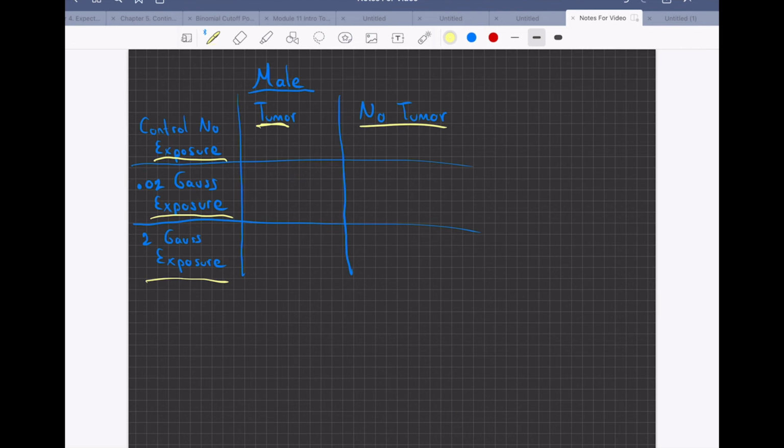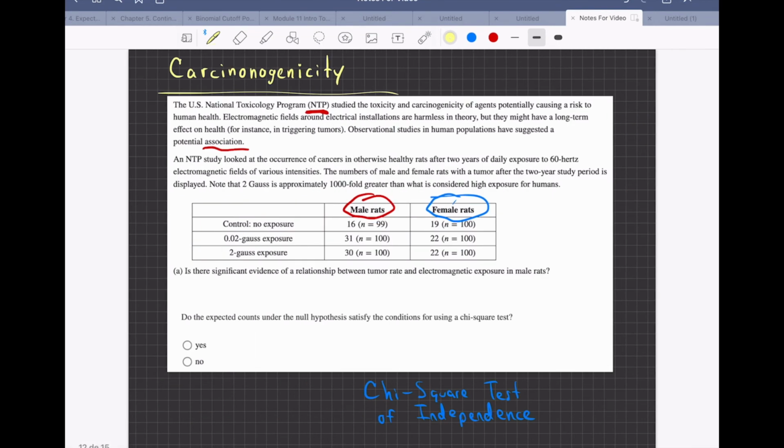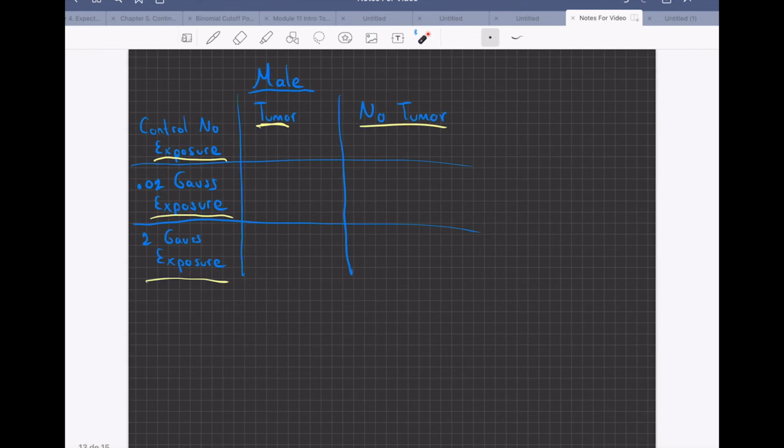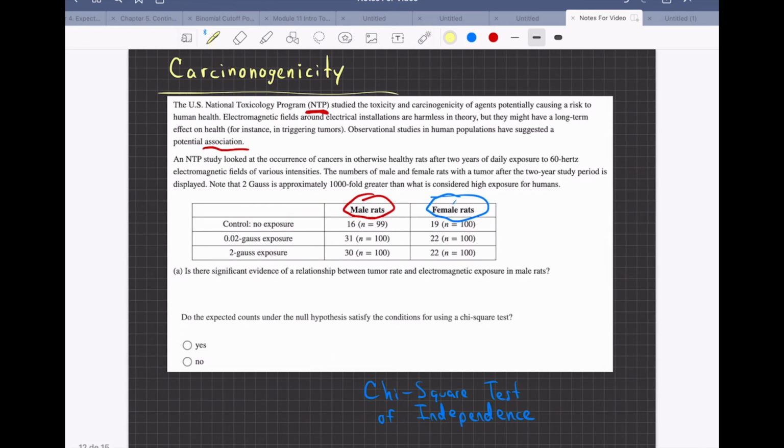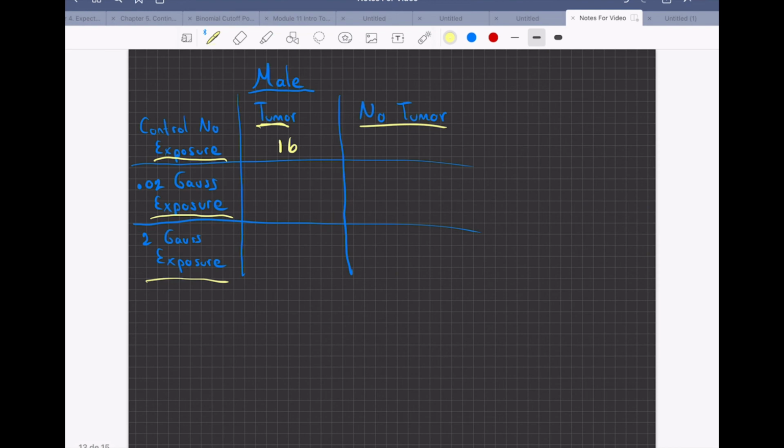Notice, for males, we have 16 out of 99. So how many didn't have a tumor? 99 minus 16, that is 83. And the same for the other ones. Again, this is only for male.